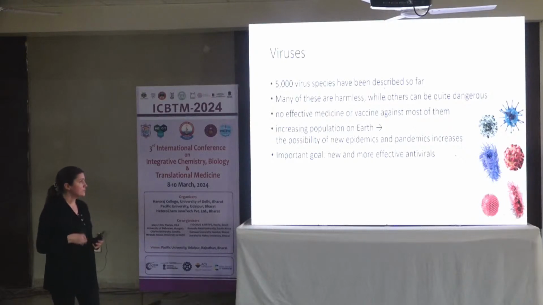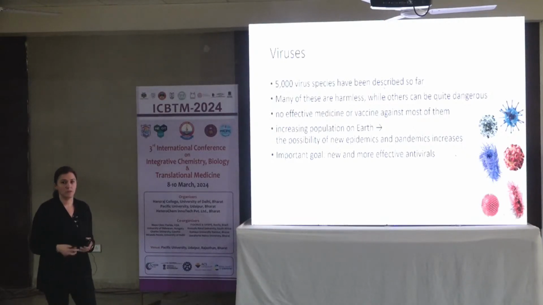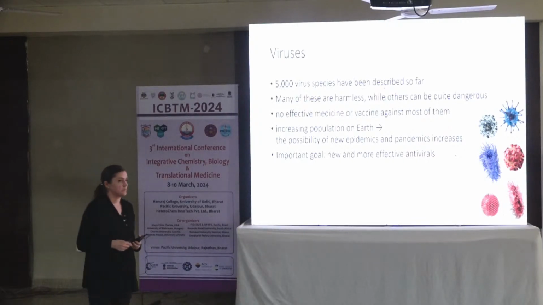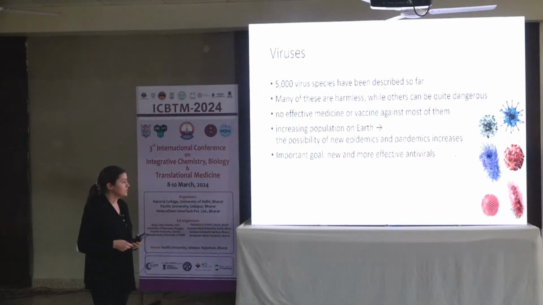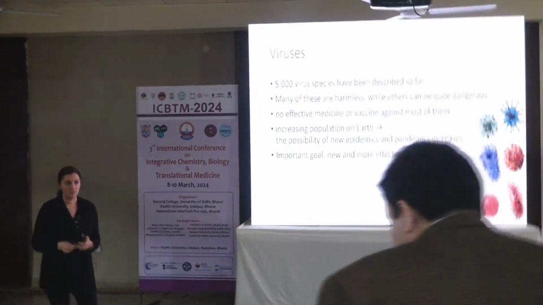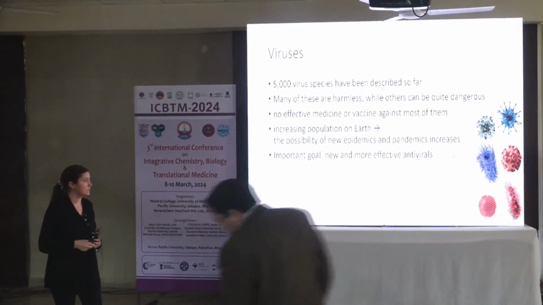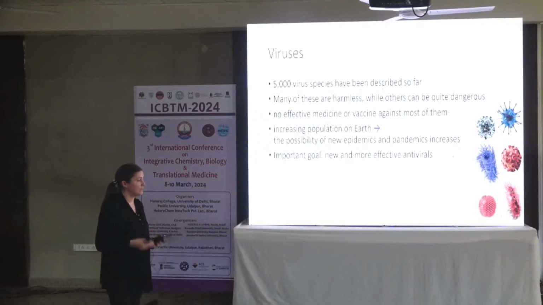And with the increase of the population on Earth, the possibility of new epidemics and pandemics increases. Therefore, it is a very important goal for researchers to find more effective antiviral drugs.